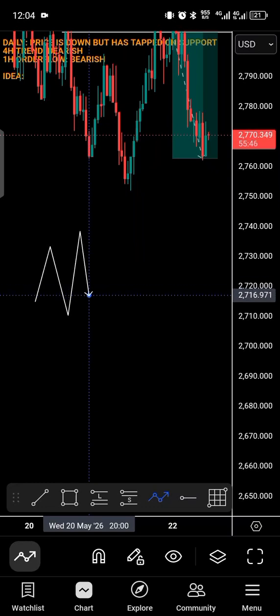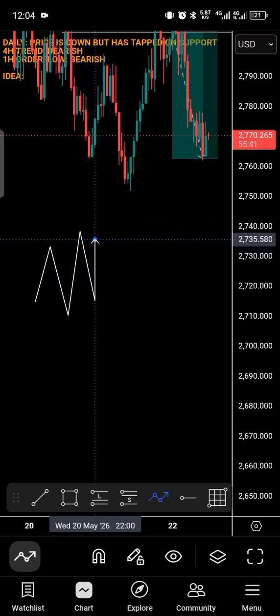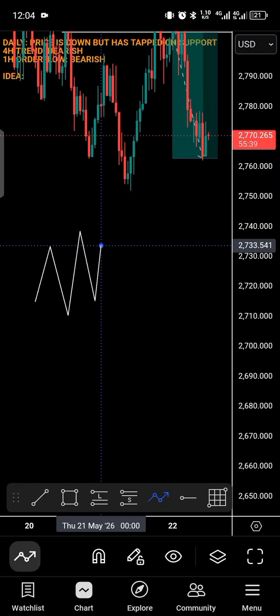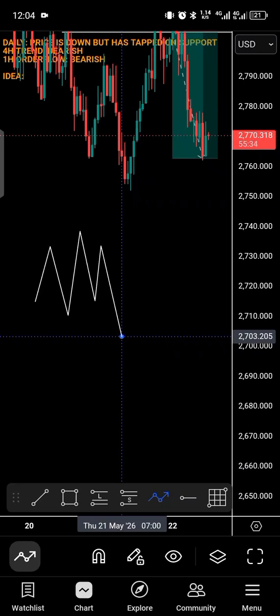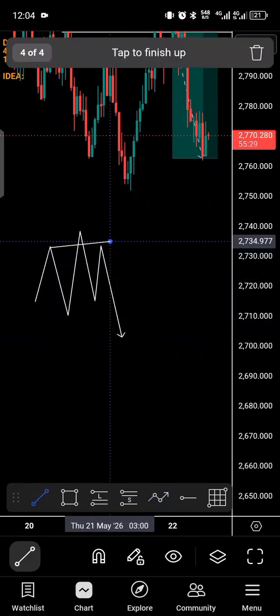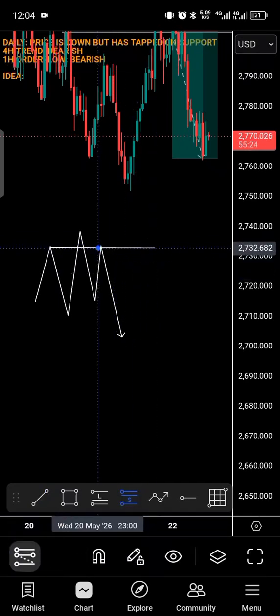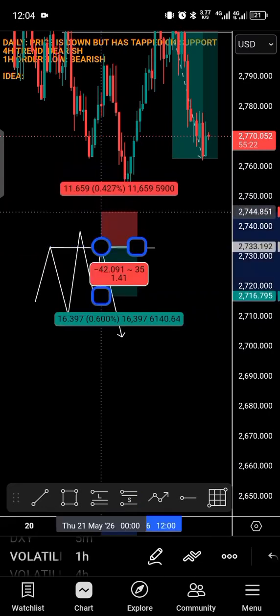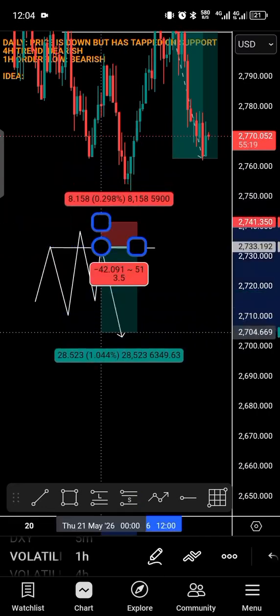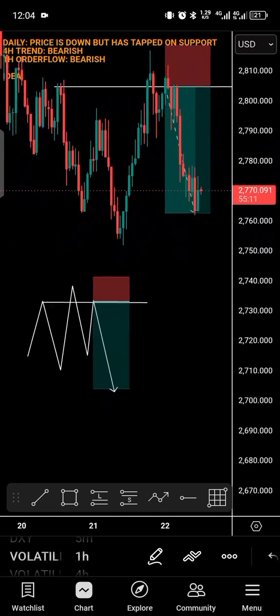So let's do before break of structure, and then going back up to test this high that was swept, and then you enter here and expect it to drop all the way down. Your entry here, stop loss above this swing high, then you get a target of at least 1 to 3. You're sure of 1 to 3. So that's how I call this trade.